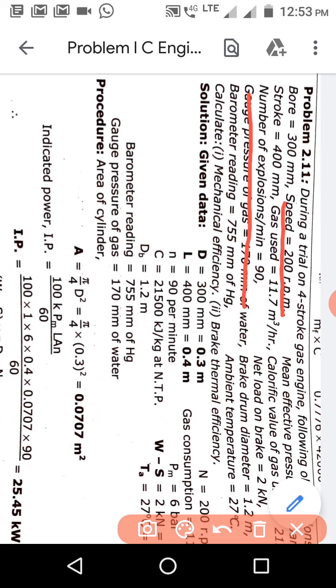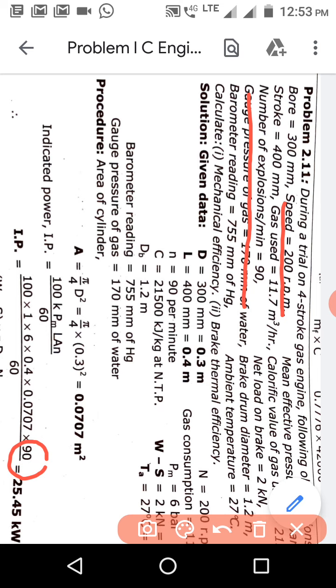This is confusing data, deviating data given for you. They have given the number of explosions per minute as well as the speed. Whenever such a condition comes in a problem, you have to prefer the number of working strokes given in the problem. So here we are using the number of explosions per minute directly for calculating the indicated power, we have used 90.